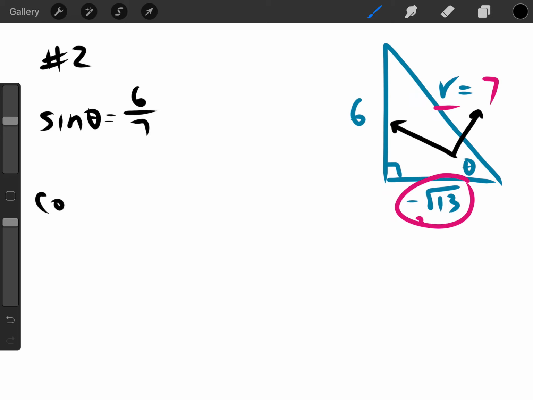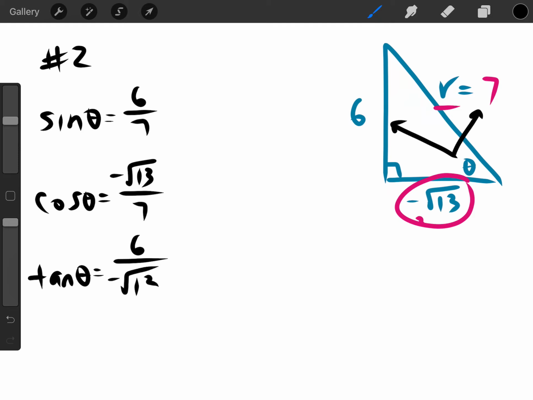And then cosine theta is going to be adjacent over hypotenuse. And then tangent theta is going to be opposite over adjacent. Okay? You need to rationalize the tangent theta.